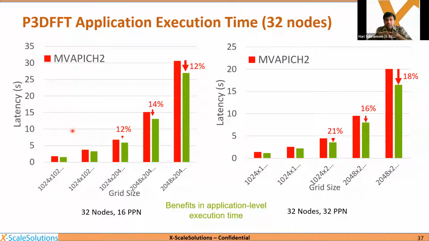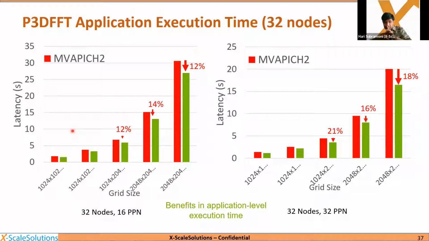It's a kernel that does 3-dimensional fast Fourier transforms. A fast Fourier transform is very commonly used in scientific applications like numerical simulation applications and a bunch of others, for example to solve partial differential equations, which is one common use for these FFTs.